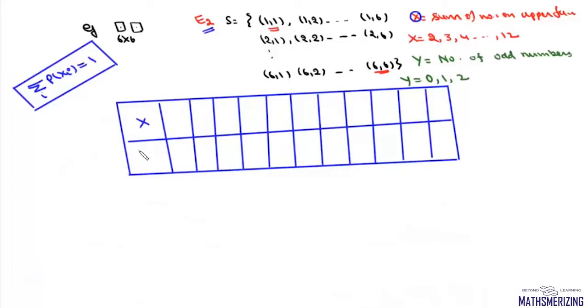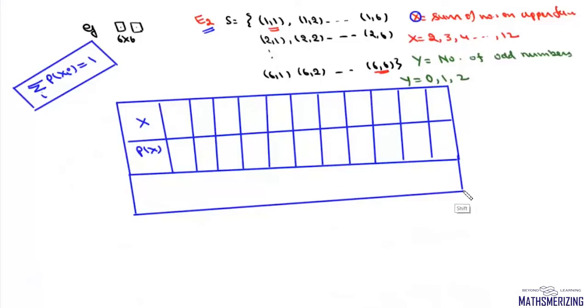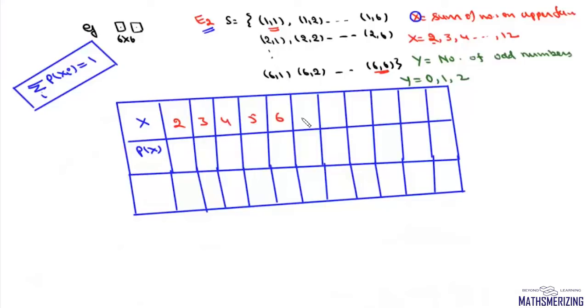So this is x and this is P(x), and we'll also need one more column for variance. Now this sum can be 2, 3, 4, 5, 6, 7, 8, 9, 10, 11, and 12.